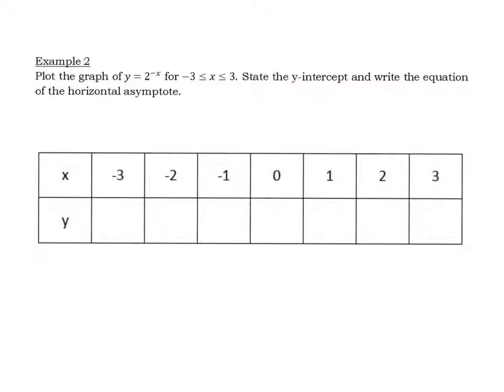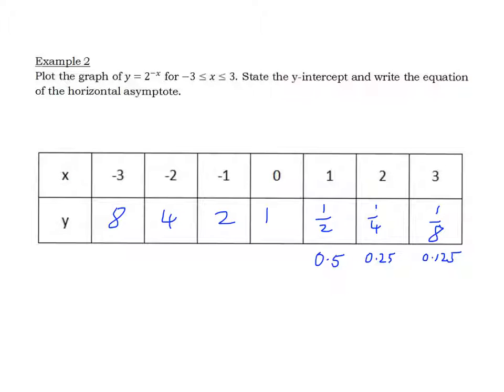In this case, the table of values goes from negative 3 to 3. And when you substitute into the equation, this is what you should get. It's okay if you did decimals instead of fractions.